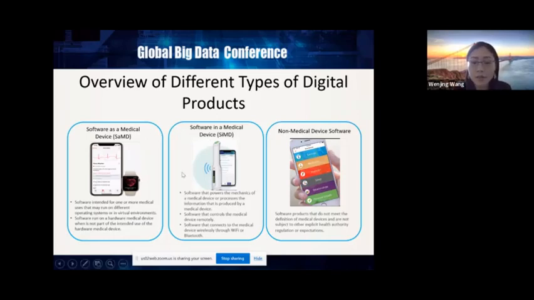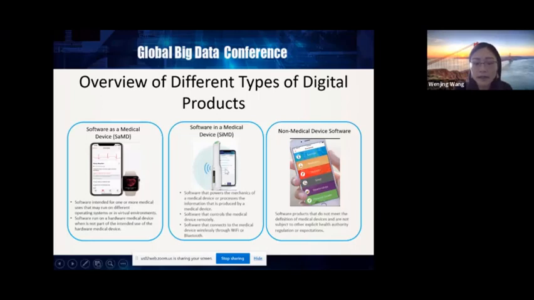Next I'm going to talk about software in a medical device. If the software powers the mechanics of a medical device or processes the information that's produced by a medical device, then it is considered software in a medical device. In that case, the software and the hardware form one medical device together as a system. Another case is that the software could also control the medical device remotely.